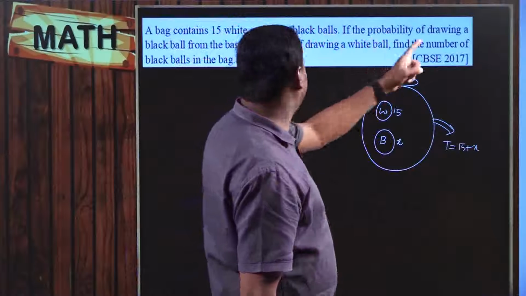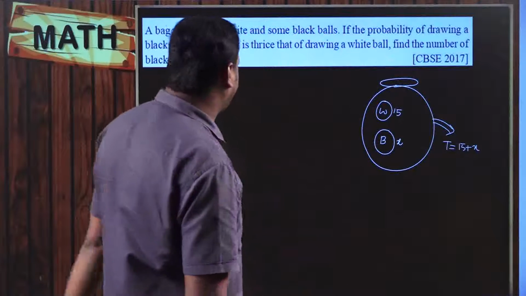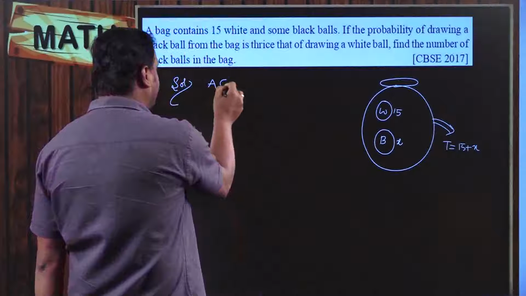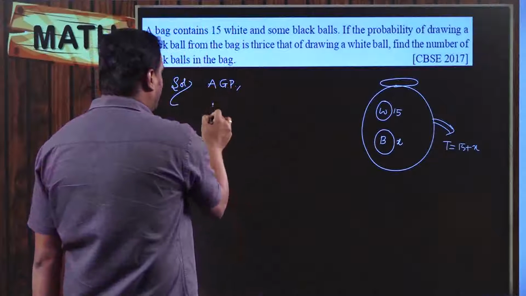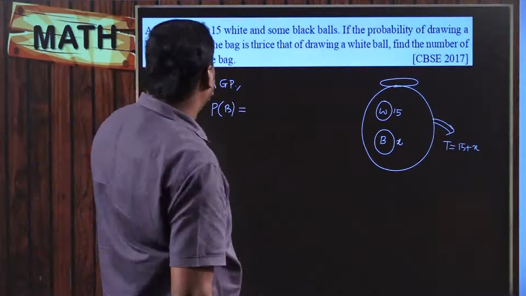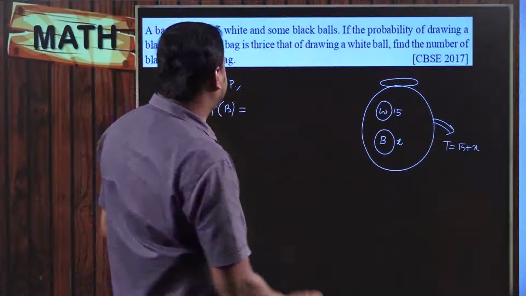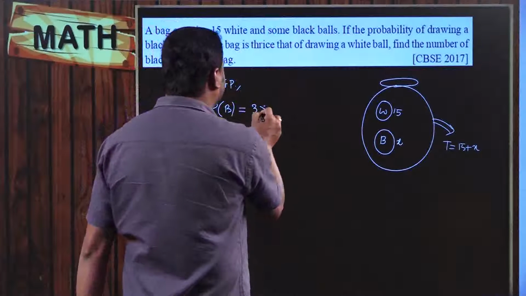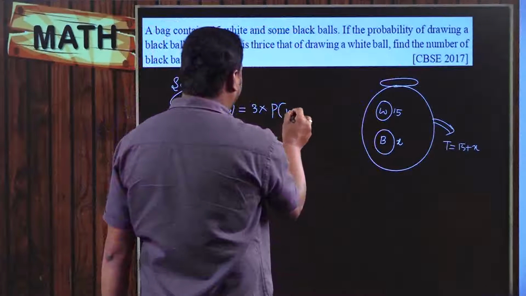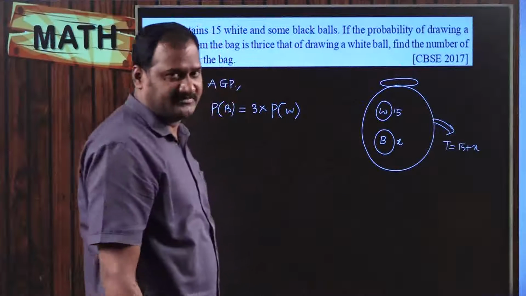According to the given problem, the probability of getting a black ball from the bag is thrice, that is 3 times, the probability of getting a white ball. So you will have to utilize this information.